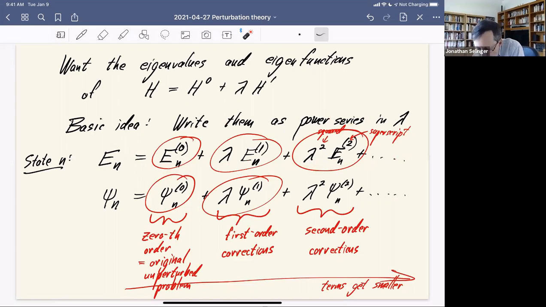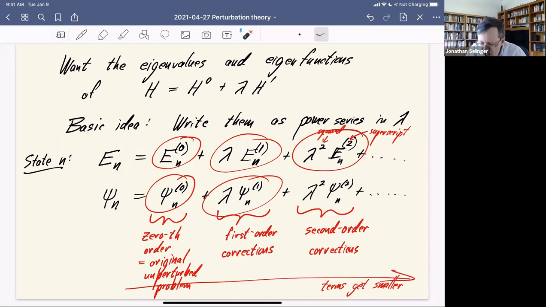And we can also figure out the change in the wave functions, that is the energy eigenstates, 0th order plus first order. I don't even want to touch second order, it's just harder. So this is the information that we can extract from perturbation theory.